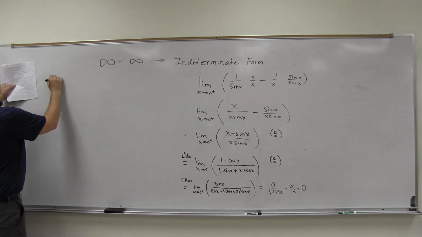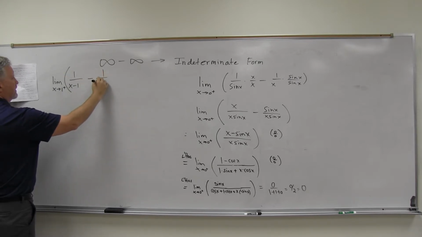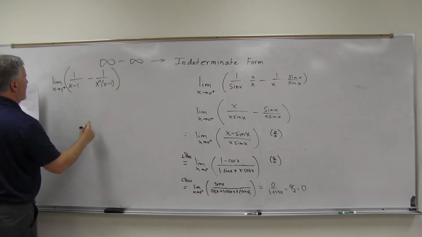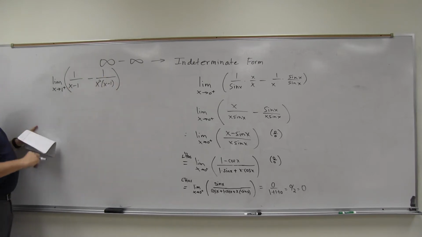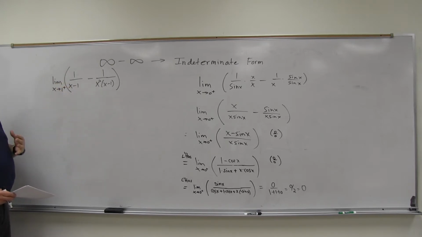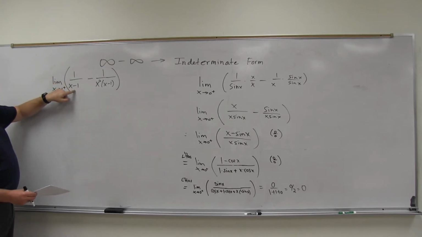How about the limit as x approaches 1 from the right of 1 over x minus 1, minus 1 over x squared times x minus 1. You might have to look at the graph to give you some idea of what that limit might be. 1 over x minus 1, it's going to be infinity.